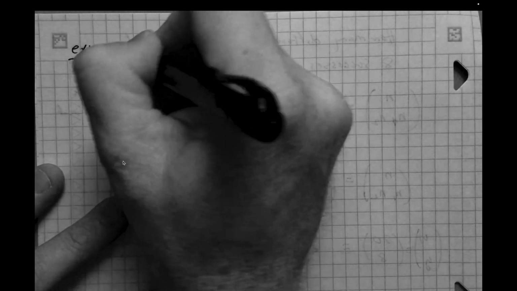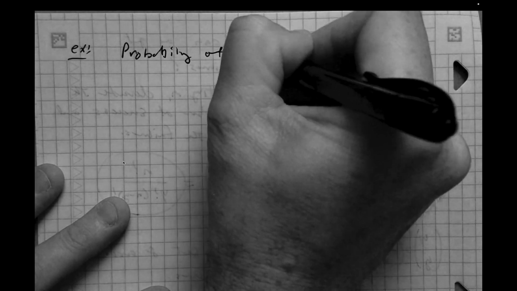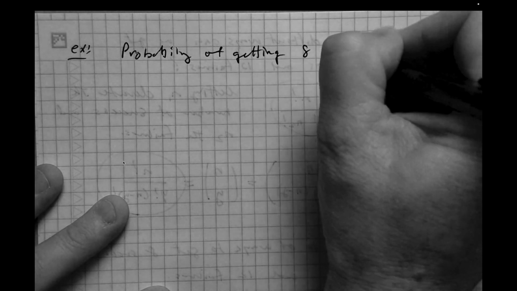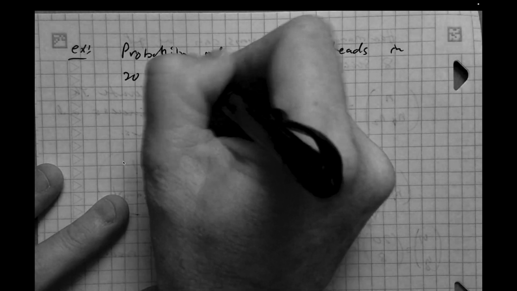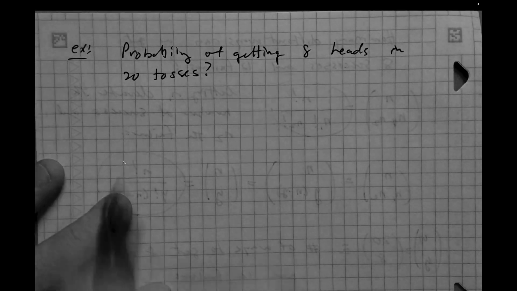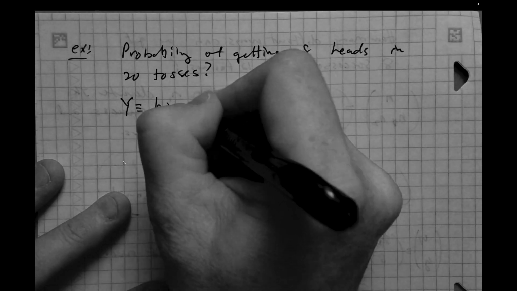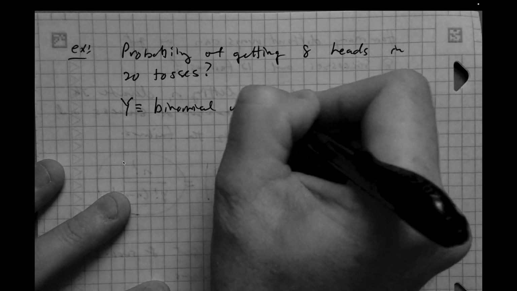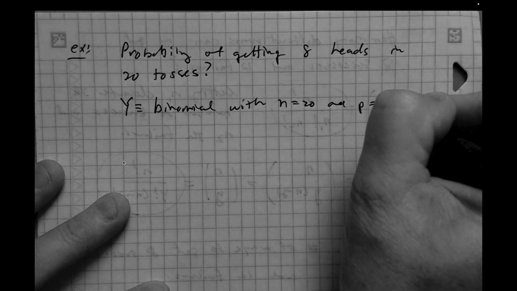All right, so example. What's the probability of getting 8 heads in 20 tosses? Let's say y is binomial with n equals 20 and p equals 0.5.